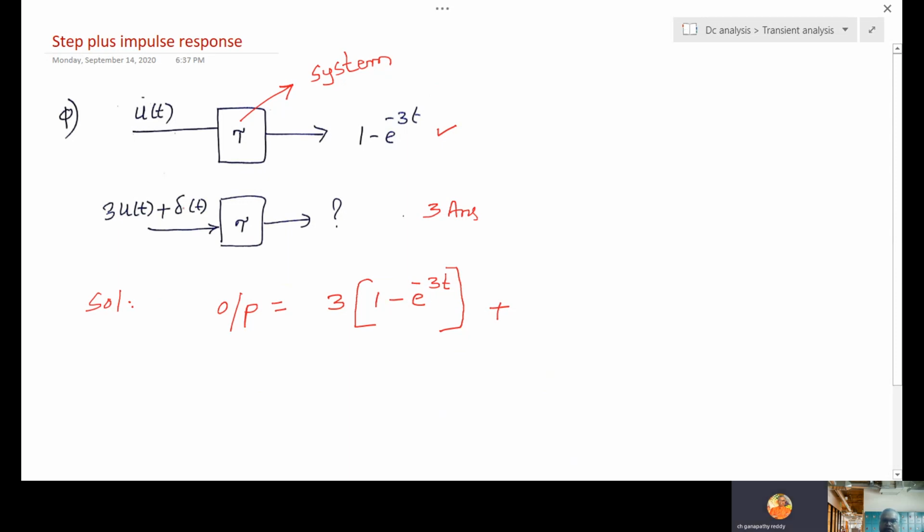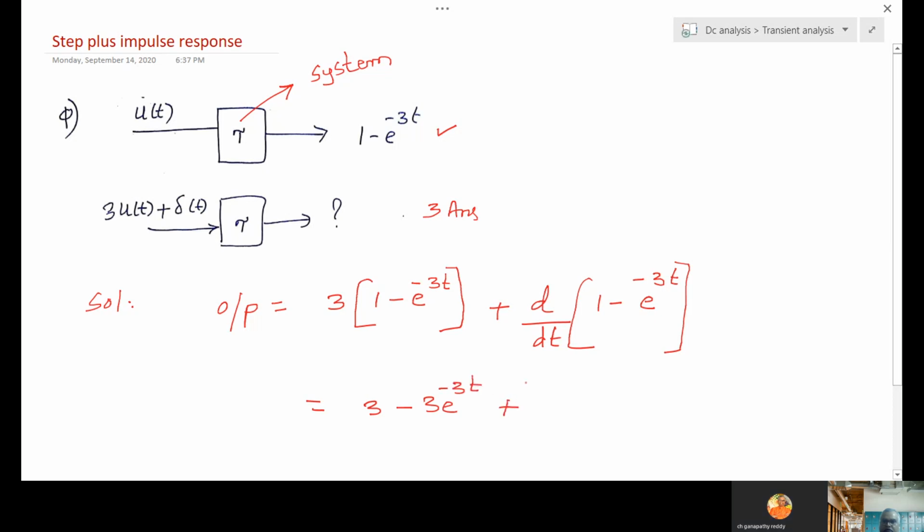Plus impulse is applied. Impulse response. How do you get impulse response? Impulse response is nothing but derivative of unit step response, that is 1 minus e power minus 3t. So this is 3 minus 3 e power minus 3t.